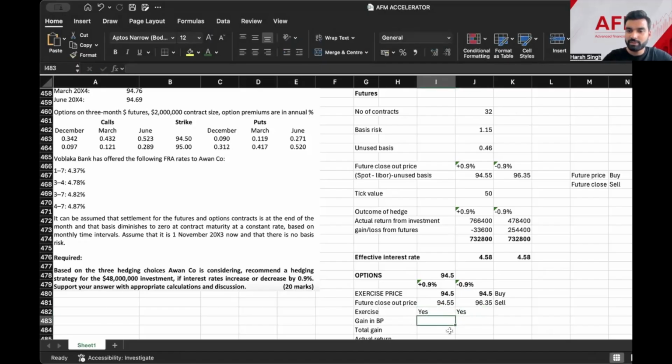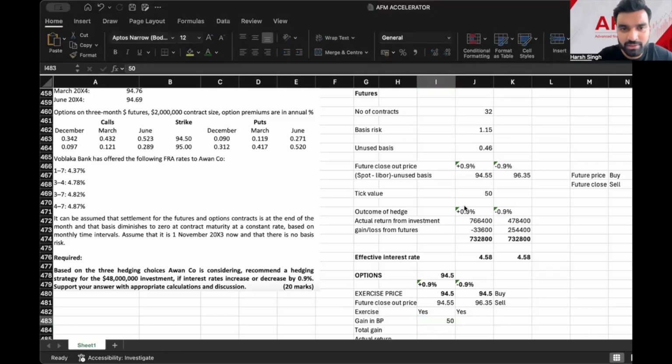Now what is the gain in basis points? It will be equal to 5 basis points. Correct? It will be 94.55 minus 94.5 into 100. So it will be 0.05 into 100. It will become how much? 5. Right? Not 50, sorry. I guess it will be 5 or 50. Everyone just check once. It will be 5.